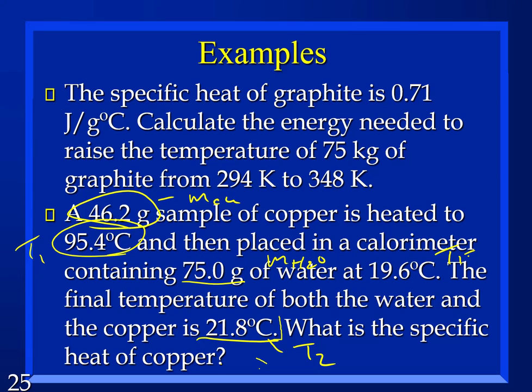So since I have a starting temperature for both and an ending temperature for both, I can find the change in temperature for both. The change in temperature for the copper was 95.4 minus 21.8. That's 73.6, I think.